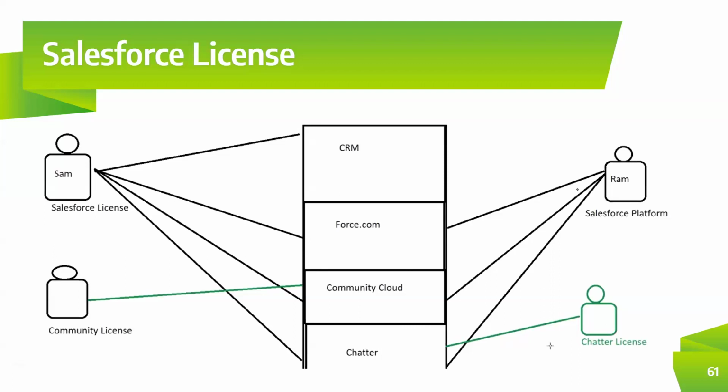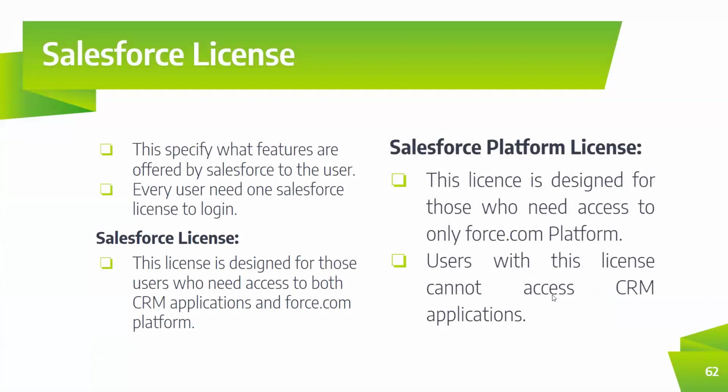They can use it only for chatting. So likewise, we have different licenses here. When it comes to licenses, at the time of showing the demo with company information, I'll tell you what licenses we have.